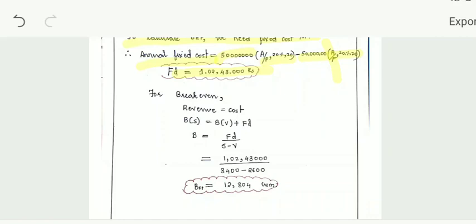So here, what were the assumptions we made? Now after solving the numerical, you will understand the assumptions better. Here all the elements of cost, that is production, administration, selling, distribution, can be divided into fixed and variable components, and variable cost remains constant per unit of output. Fixed cost remains constant at all volumes of output.